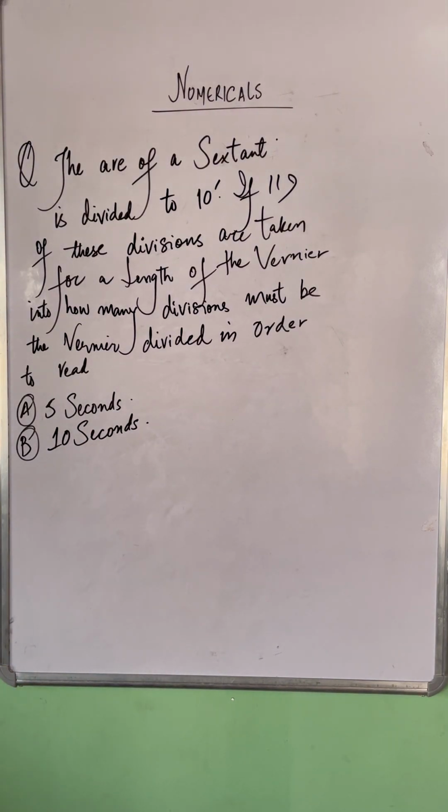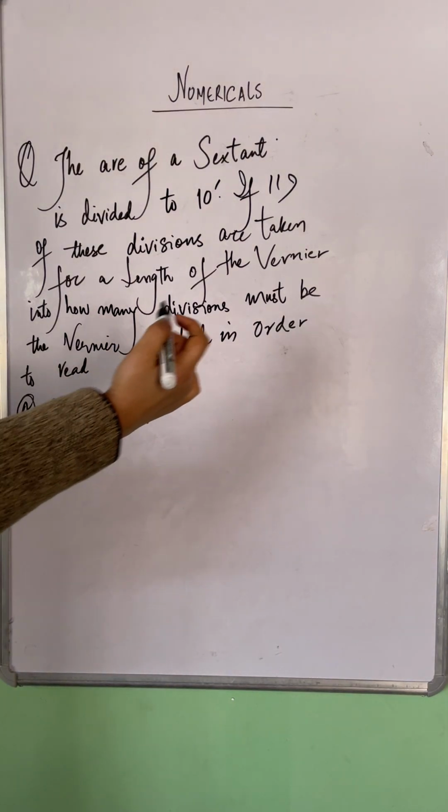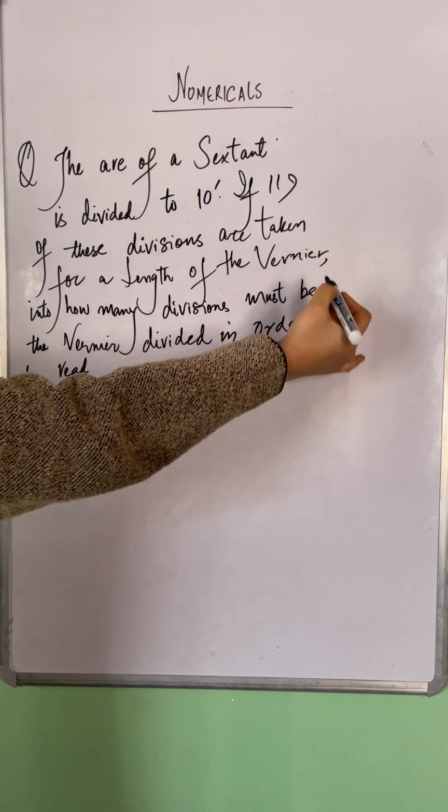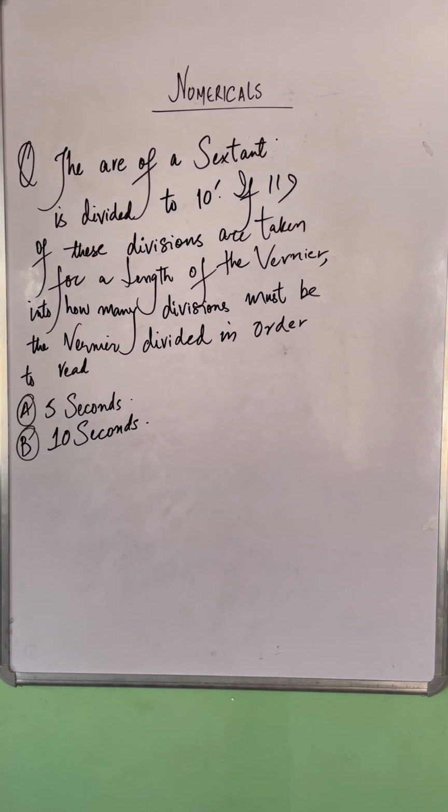So the question is, the arc of a sextant is divided to 10 minutes. If 119 of these divisions are taken for a length of the vernier, into how many divisions must the vernier be divided in order to read 5 seconds and 10 seconds? Let's do part A first.